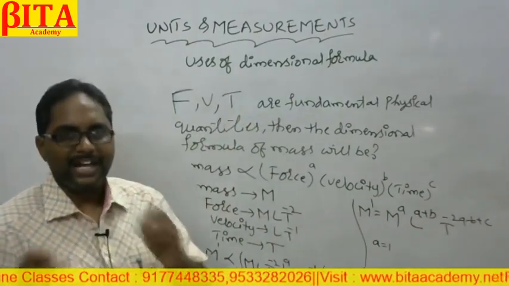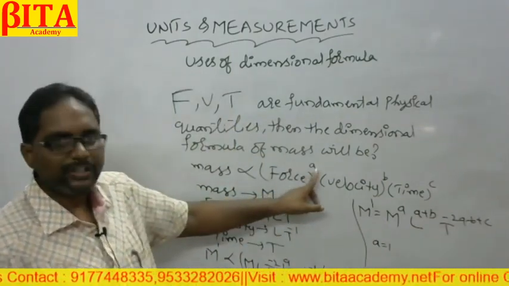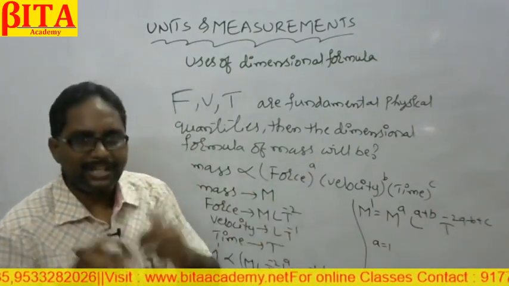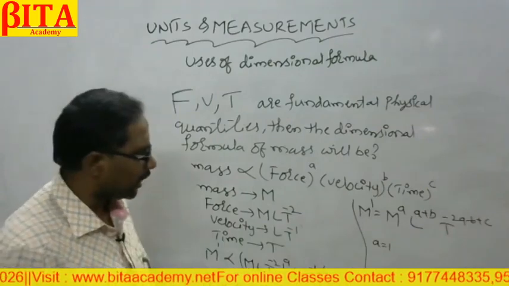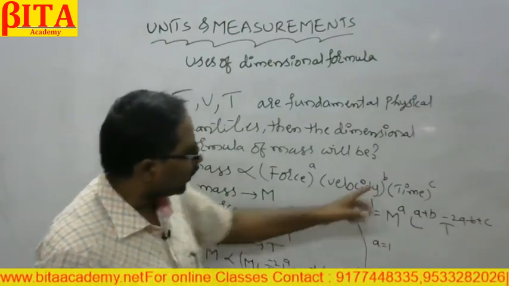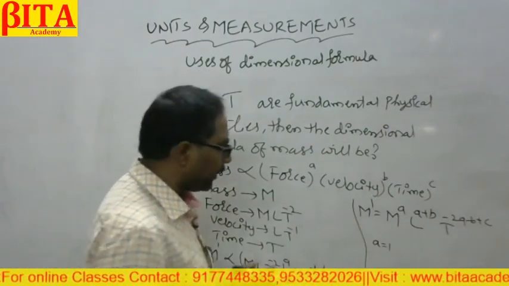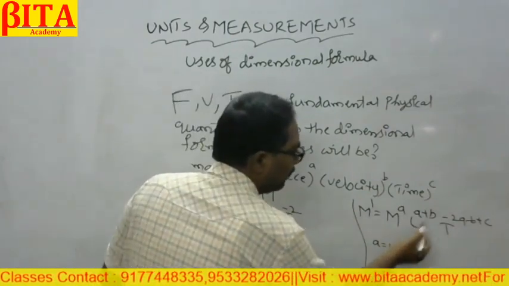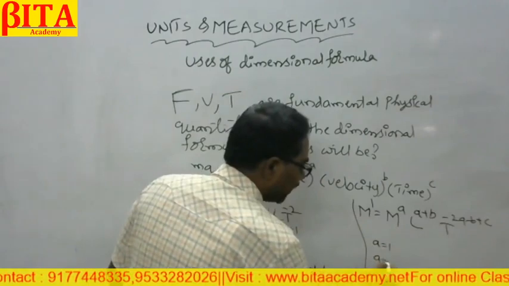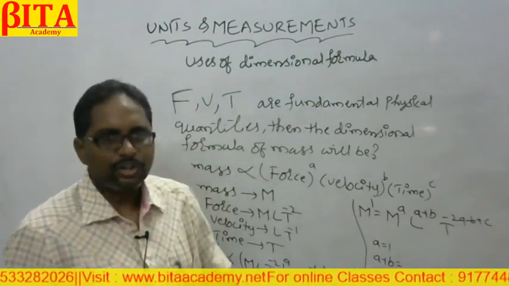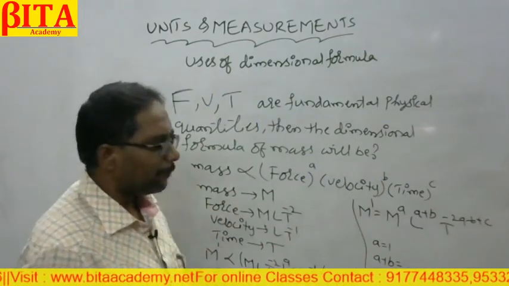So we got one value, which is the power a we wrote. So a is equal to 1. Force power 1 must be there. That is the thing which we have to understand. Next, let us find out the b value and the c value. L power a plus b is there on the right side, and on the left side no term is there for L, that's why L power 0 is there.